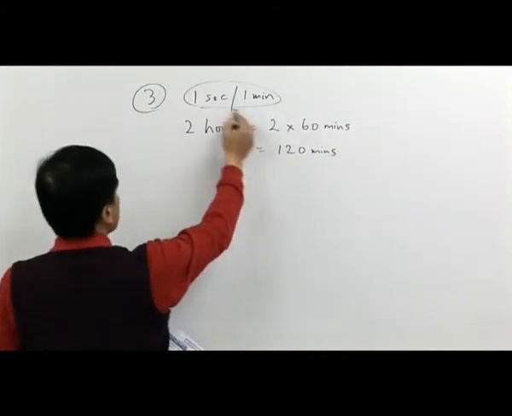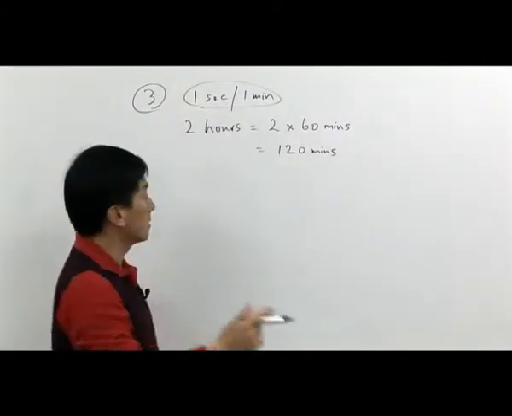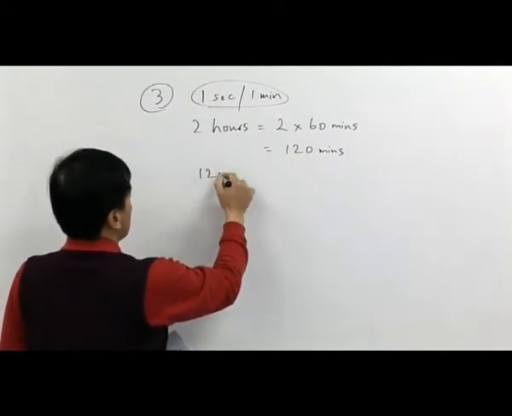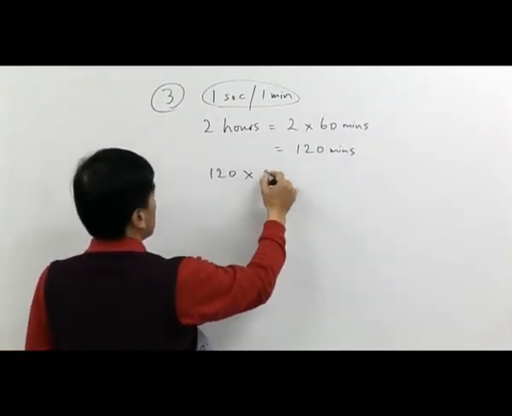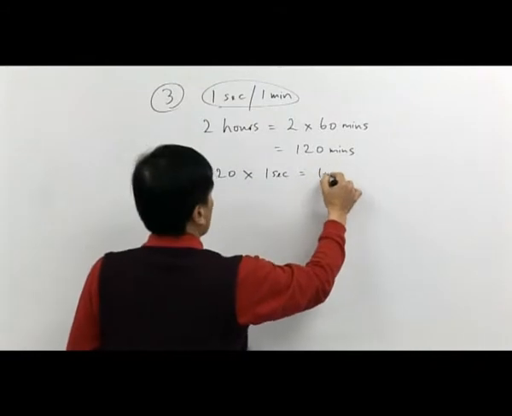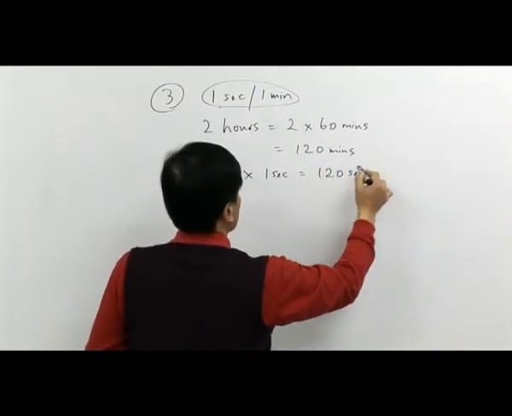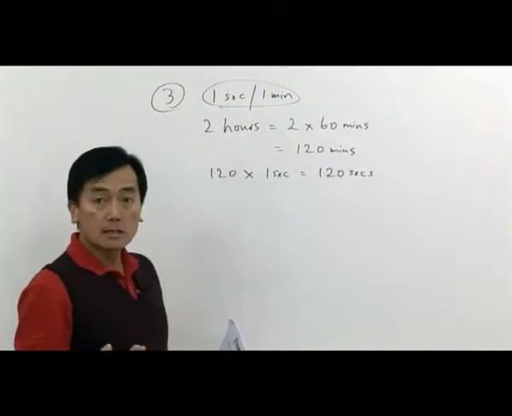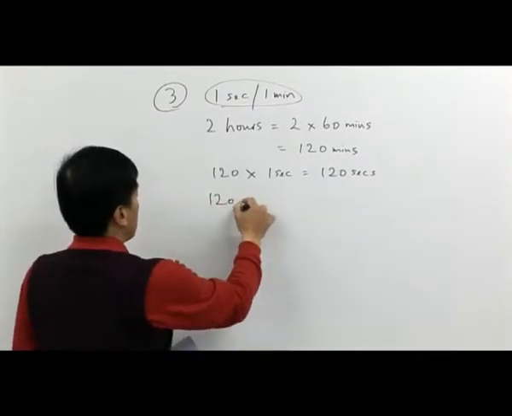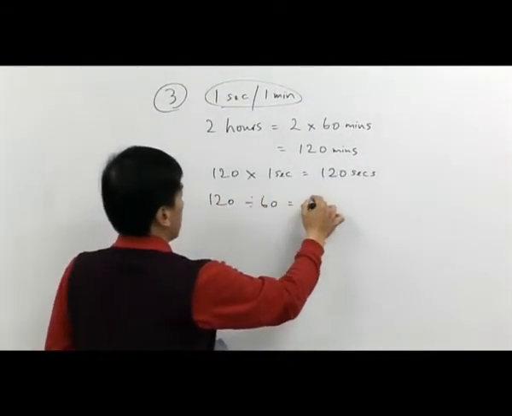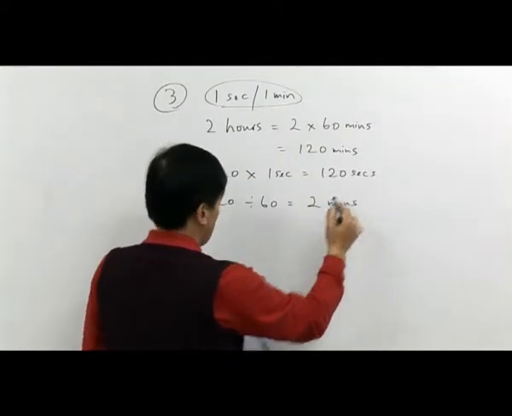Now, we know from here, it loses 1 second per 1 minute. So therefore, the stopwatch is going to lose 120 minutes times 1 second, which will be 120 seconds. Now, 120 seconds, as you know, we divide by 60, that will be 2 minutes.